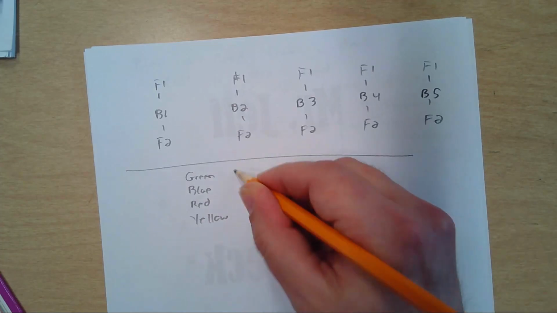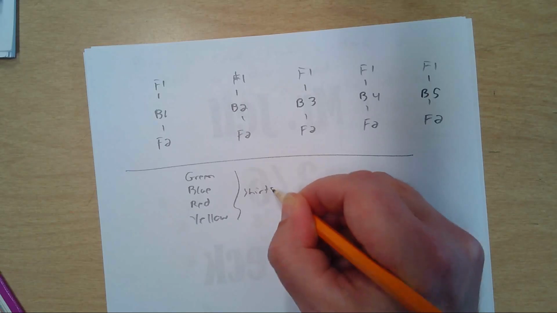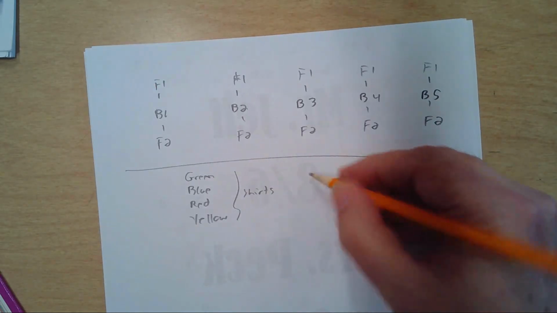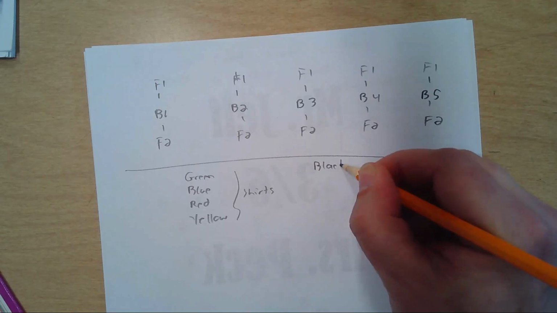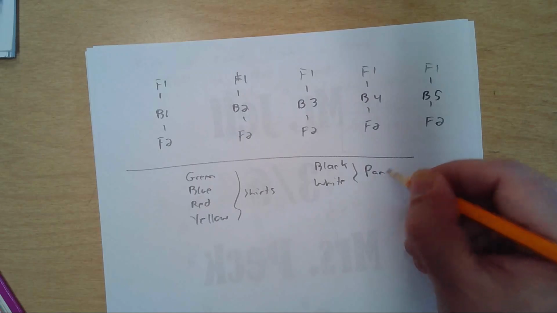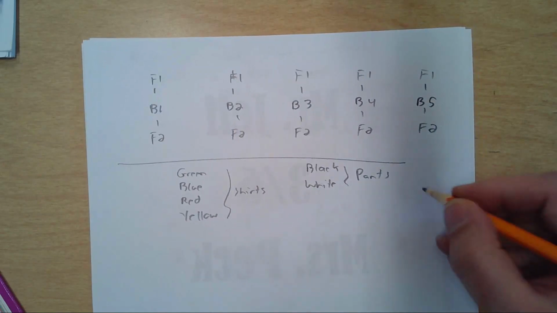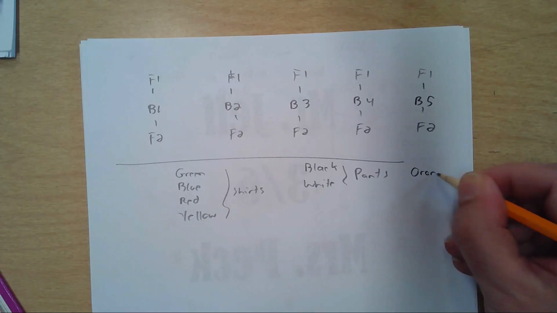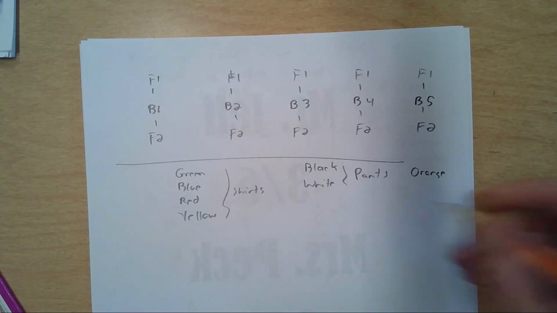Okay? Shirts. And pants. I'm going to say we got black pants and white pants. Pants. And then sweaters. I'm going to say we got an orange sweater and a purple sweater.